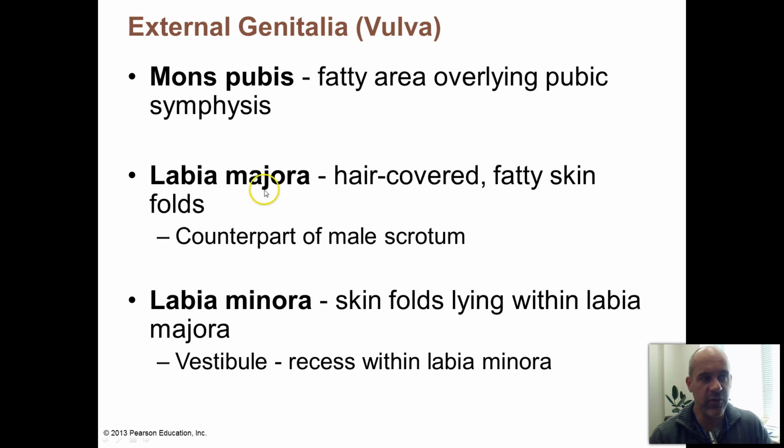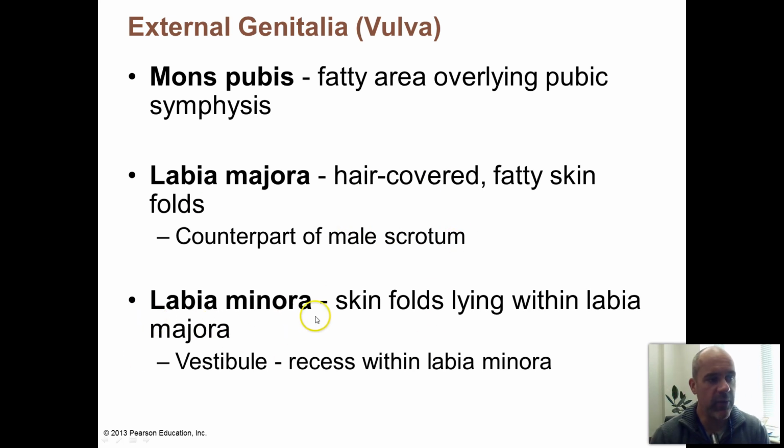So the labia majora, the outer folds of the vulva in a female, are actually the counterpart of the male scrotum. Under the influence of testosterone, these structures will descend further away from the body and will become pouches for the testes.